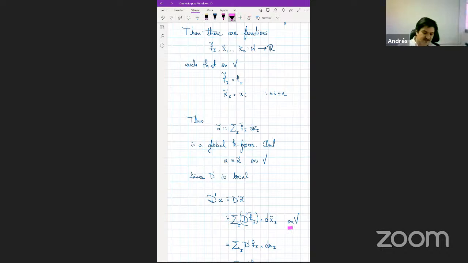On V, we know this and this, and that's what I'm using from here to here. That's why there's no tilde here. I remove this and I remove this. Because now we are on the smallest set V.